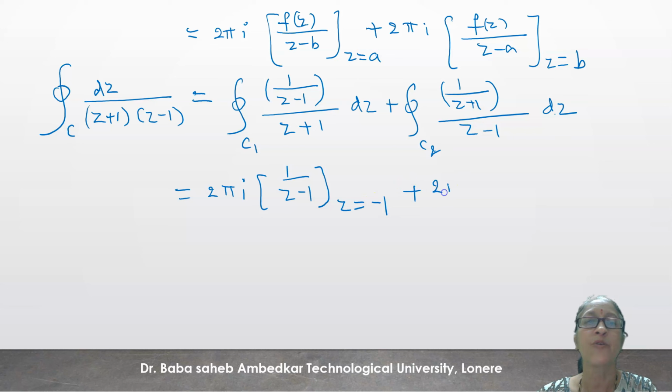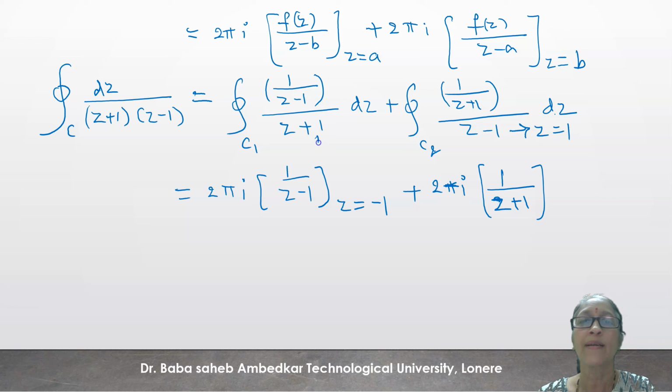Plus again 2 pi i. Write the term which is in the numerator, so 1 by z plus 1. Then here equate the denominator to 0, which implies z equal to 1. So here you should write z equal to 1. Now evaluate.